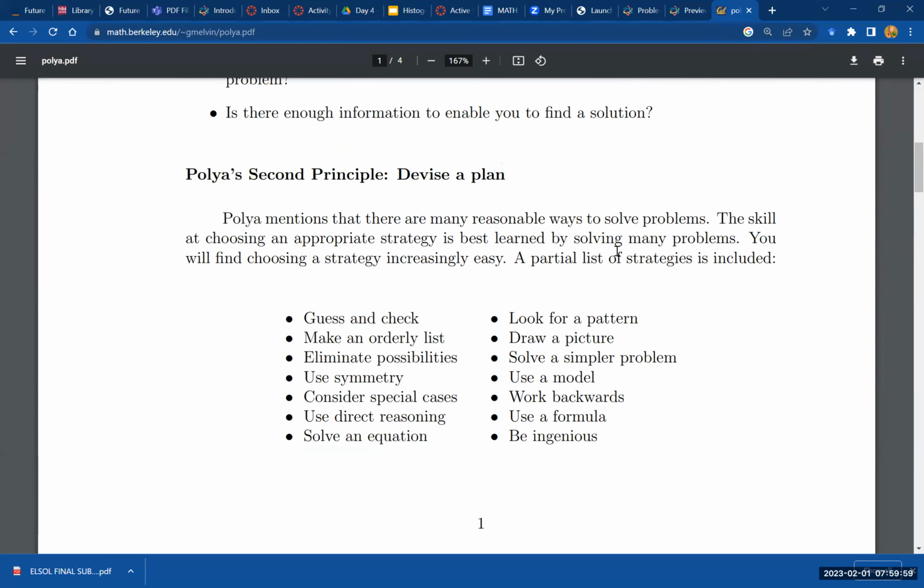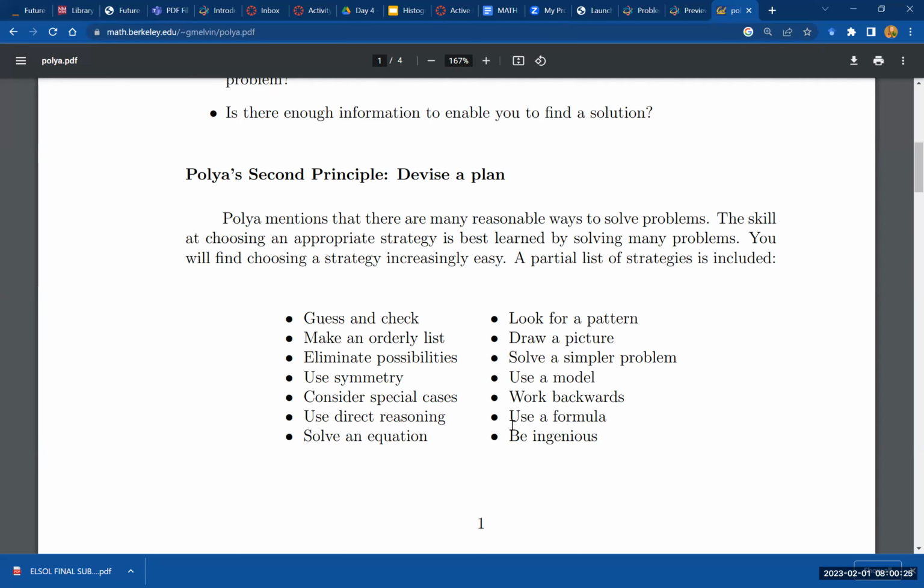The skill at choosing an appropriate strategy is best learned by solving many problems. So you just have to solve a lot of problems to get good at figuring out how to strategize. At this point, your experiences with solving problems probably vary from student to student. So guessing and checking, making an orderly list, eliminating possibilities, et cetera.